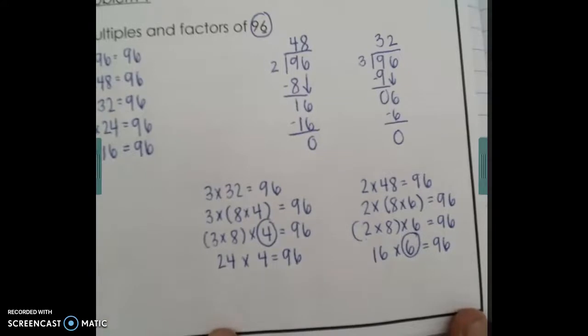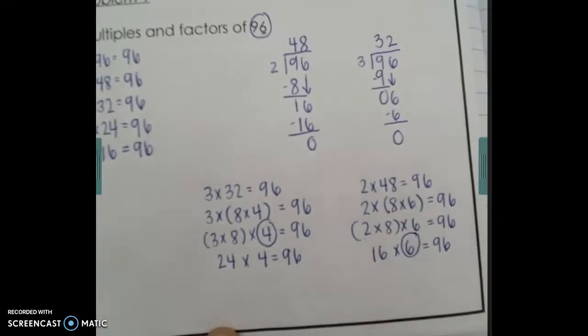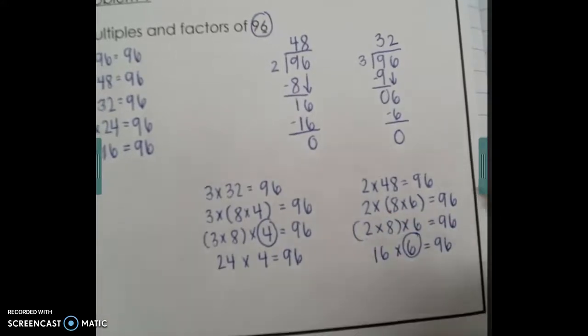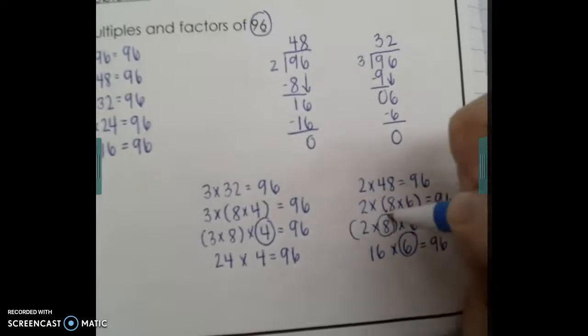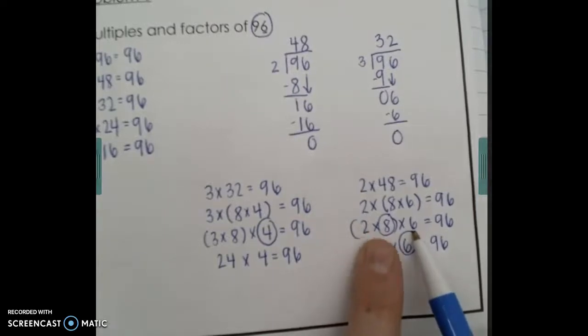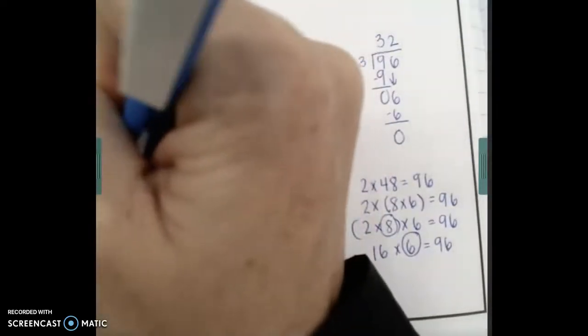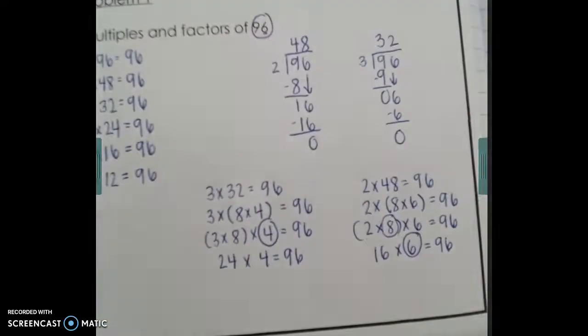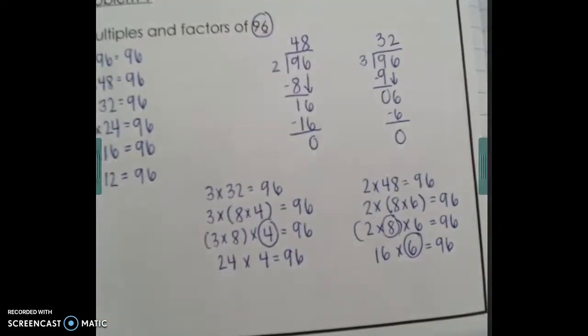And then we can show our other ones in here. So 8, I want to find 8 as a factor. I can see because I have 8 right here. 8 times, if I look at my 8, what are my 2 other numbers that I have here? 6 and 2, which would be 12. That would make 96. And then we've gone through all our numbers.